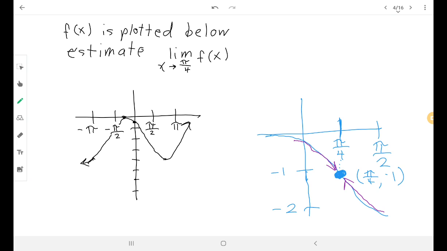So that's what I'm doing here. I'm just saying, well, it looks like that, and that'll have to be close enough, and so it looks like the answer is -1. And that's all I can really say about it. It appears that the limit as x approaches pi/4 of f of x is -1.